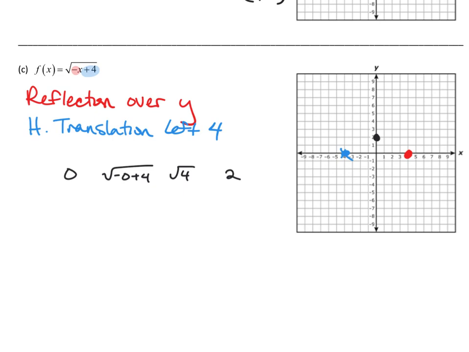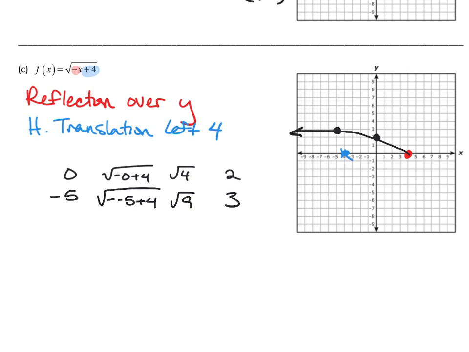The next pretty point for this graph is when I'm plugging in -5. And again, if you just wanted to keep plugging in points until you have a pretty point, that's fine. And this is pretty because we're plugging in -5 when there's already a minus, so that's like 5 plus 4, which is 9. Square root of 9 is 3, so -5, 3 would be my next accurate point here. And that seems like plenty for us to draw an accurate graph.